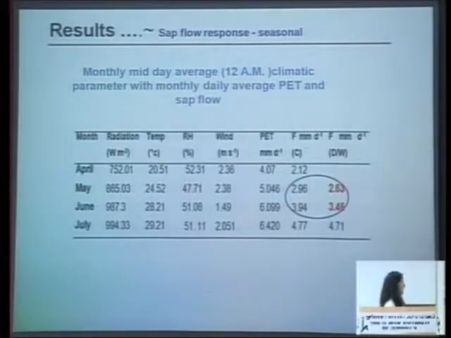And the sap flow was different. We don't have a sap flow result in April because we were still installing the experiment in the drying plot. In May and June we found different results of the monthly average sap flow, but not in July.